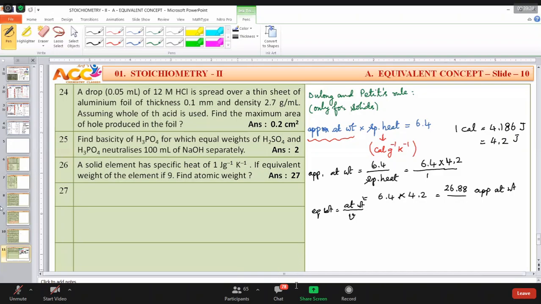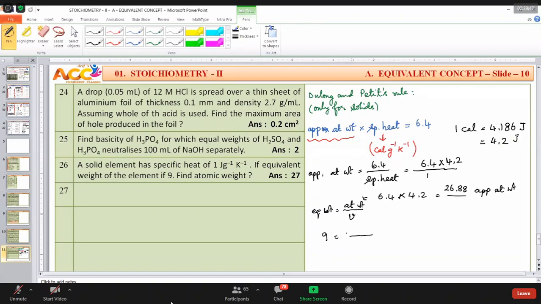Equivalent weight is given to you: 9 is equal to atomic weight by valence. What is atomic weight? 26.88.